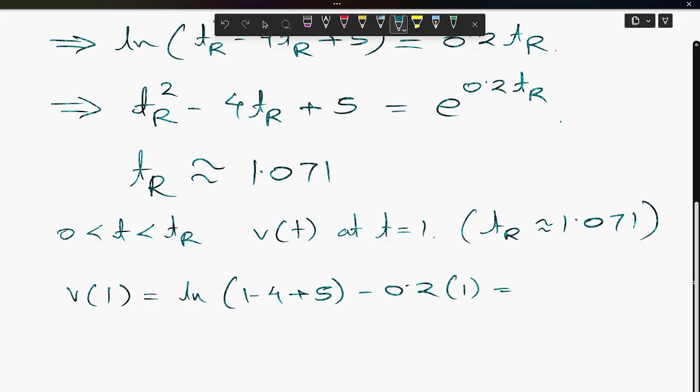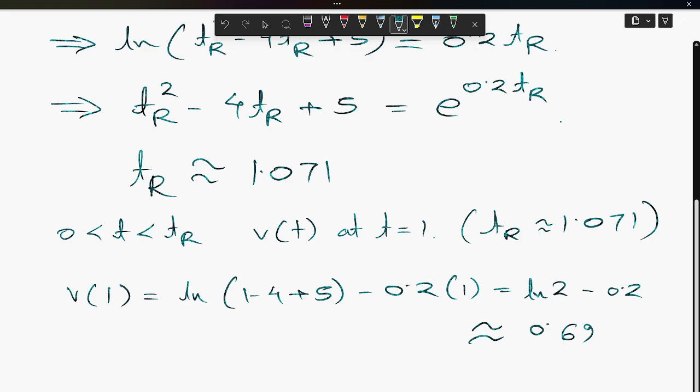That is ln 2 minus 0.2, which is approximately 0.49.